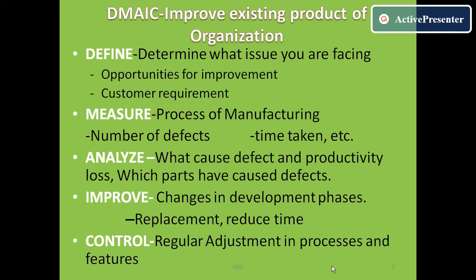If there are some negative points, then again we start from the scratch, and so on. So basically this is nothing but starting from the scratch. So DMAIC improves the existing product, but we do not have to start it from the scratch.